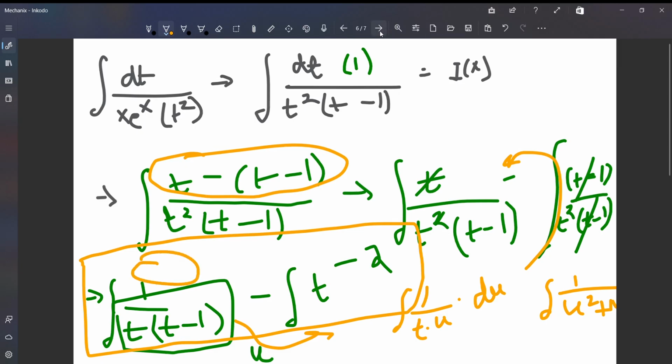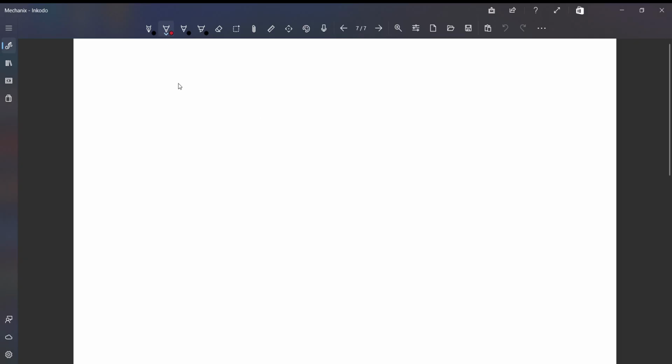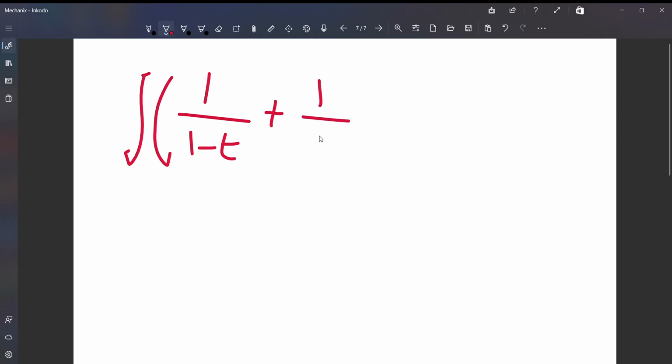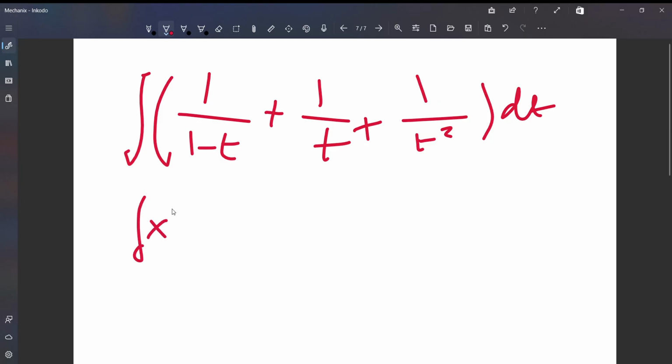And after doing it similarly, we're going to get integral 1 over 1 minus t plus 1 over t plus 1 over t square dt, and using the formula that the integral of x power n is x power n plus 1 by n plus 1, you can easily simplify the above expression.